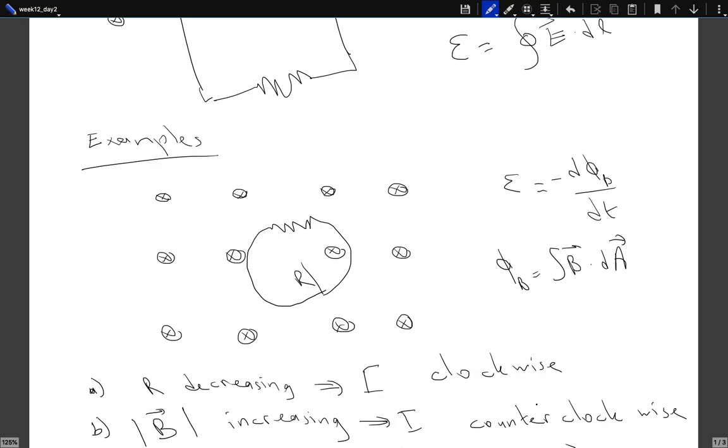Since v is 0, if you write down the Lorentz force, that creates this EMF, but it cannot be v. It doesn't exist. So the only way out is that there has to be an electric field.